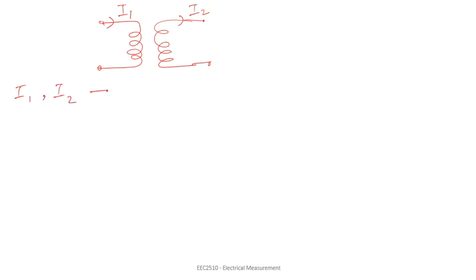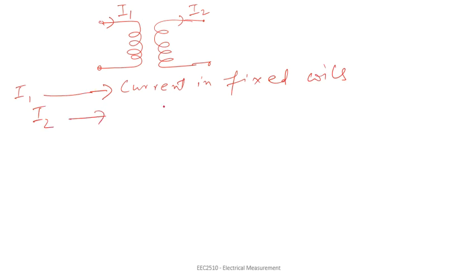So I1 and I2 will be the currents in the fixed coil and moving coil respectively. This I1 will be the current in the fixed coil, whereas I2 will be the current in the moving coil.